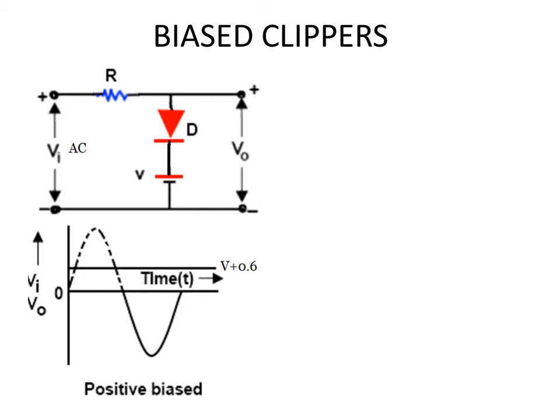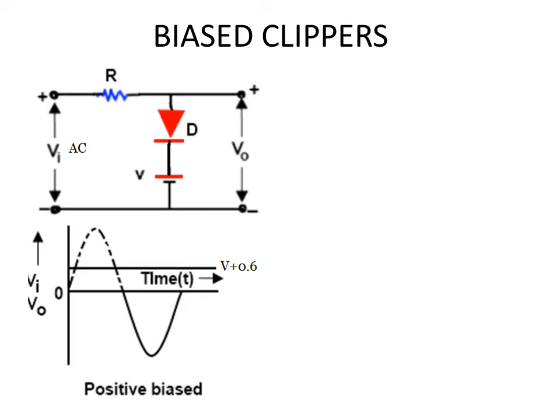But you will have to keep the polarity of the battery in such a way that the positive plate is in the same direction as the P region of the diode. That means the positive plate of the battery should be above and the negative plate below, and the potential of that battery will be equal to 0.6 volt. So in that case, the clipping will take place at positive 0.6 volt.